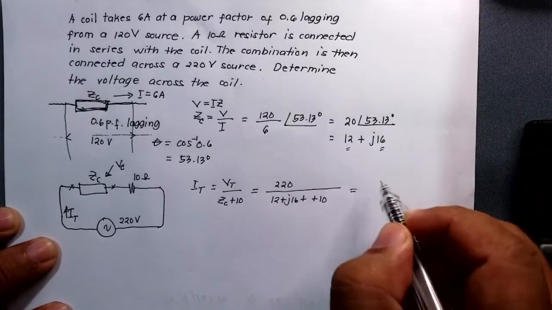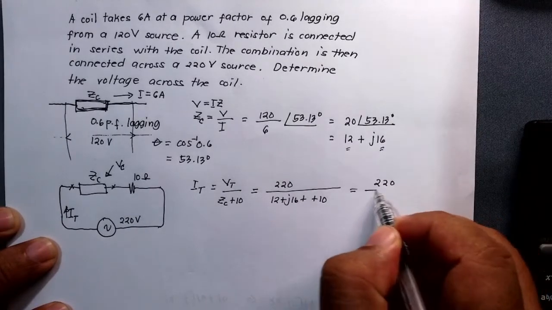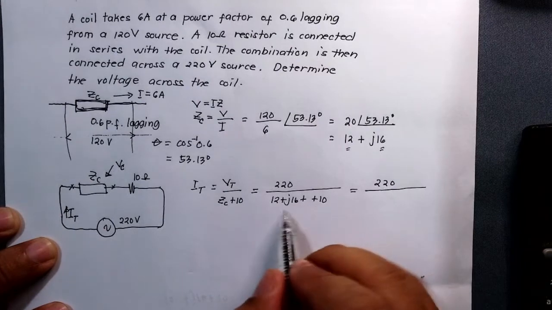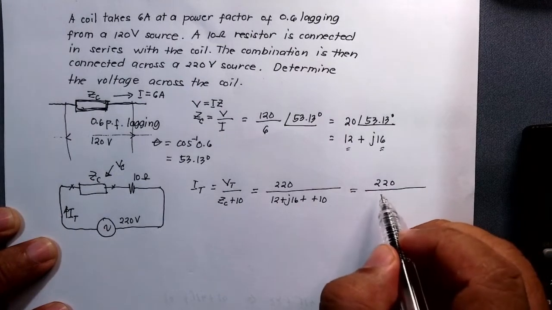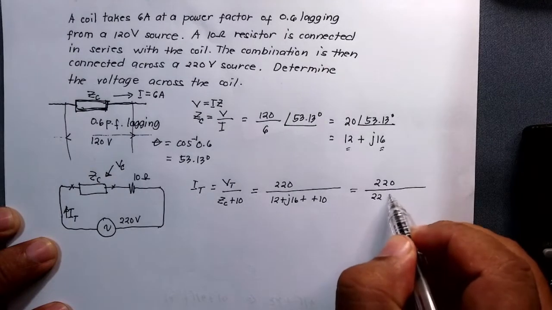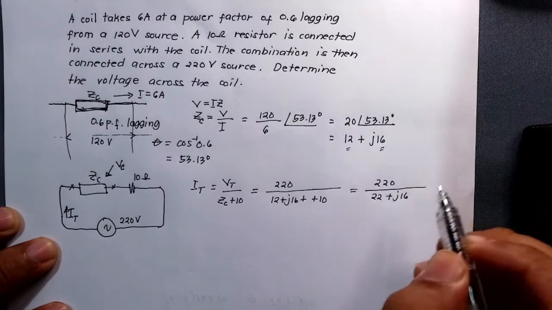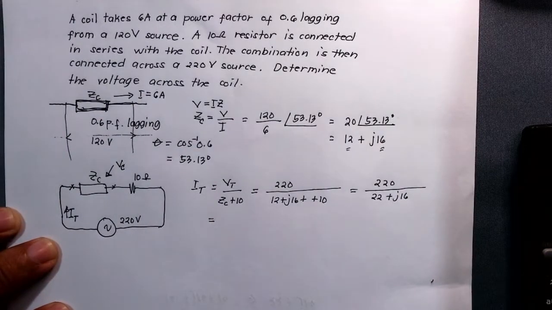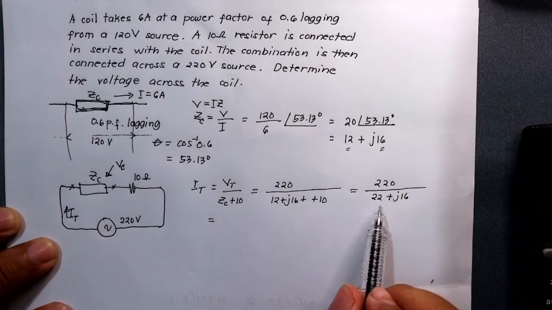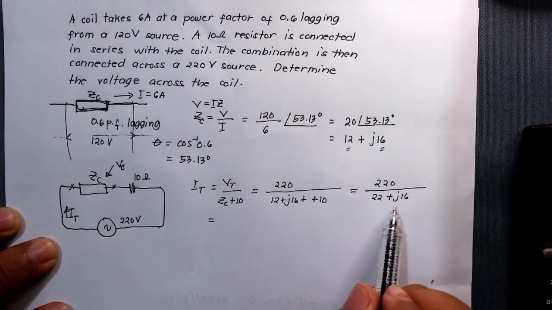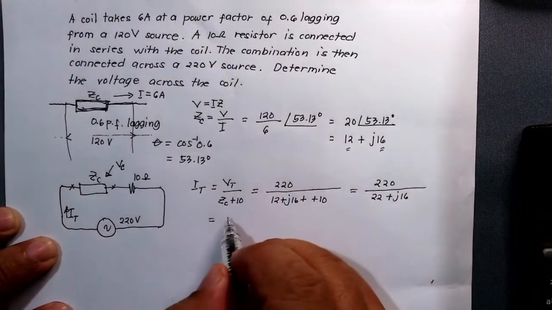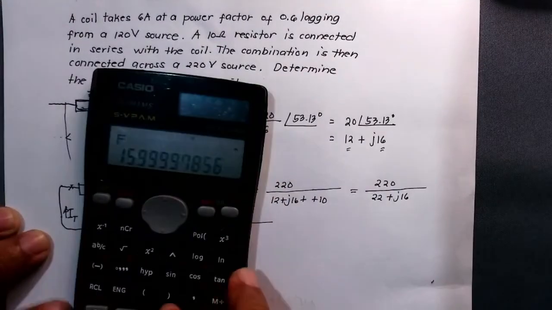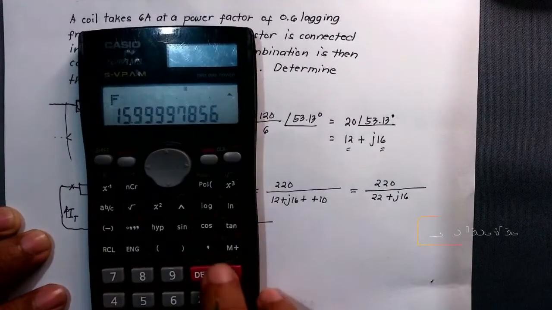Copying the numerator and then adding the denominator, the resistors are 12 and 10, so you have 22. Just copy j16. To easily conduct division, we change this denominator to polar form, copying again 220 and getting the polar form.